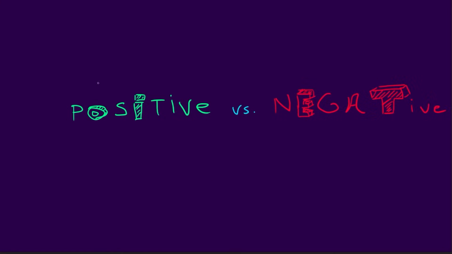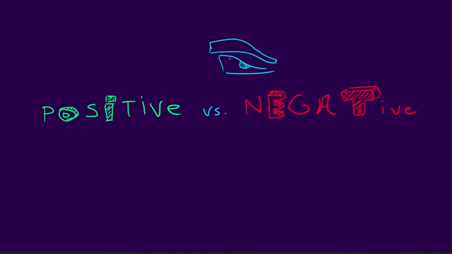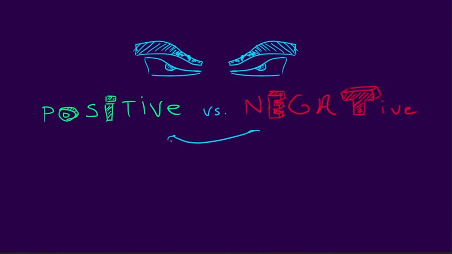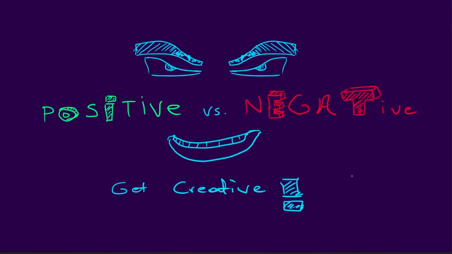As a final note, I wanted to suggest getting creative with positive and negative testing. Try different combinations of positive testing and negative testing to see if the application will behave the way it's supposed to behave.